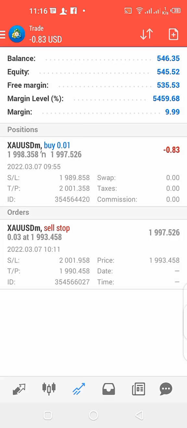The take profit and stop loss of XAUUSD differ from that of Euro USD. That of forex differs from that of volatility index.